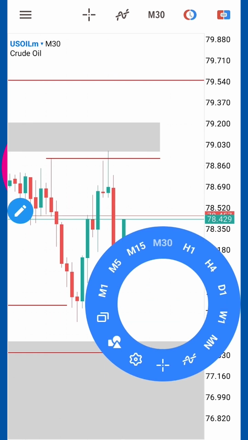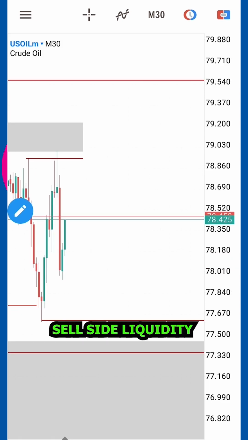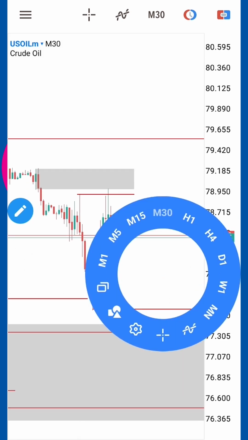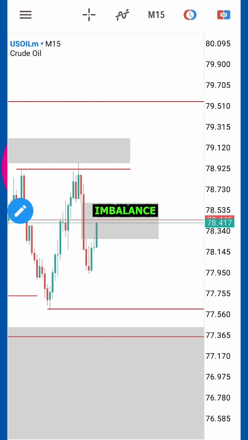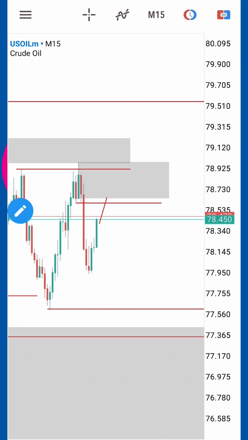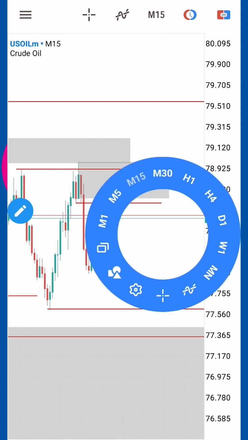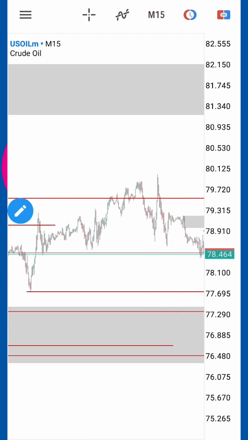So yeah, what I think price has to do is reach for that internal sell side liquidity while it does our plan, which is fill the imbalance and then shoot up. So it created a huge imbalance as it shot down to the internal sell side liquidity. So my guess is price has to go back up and fill that fair value gap and then hit the 15-minute order block. And after it hit the 15-minute order block, we know it's going to be headed for that internal sell side liquidity.